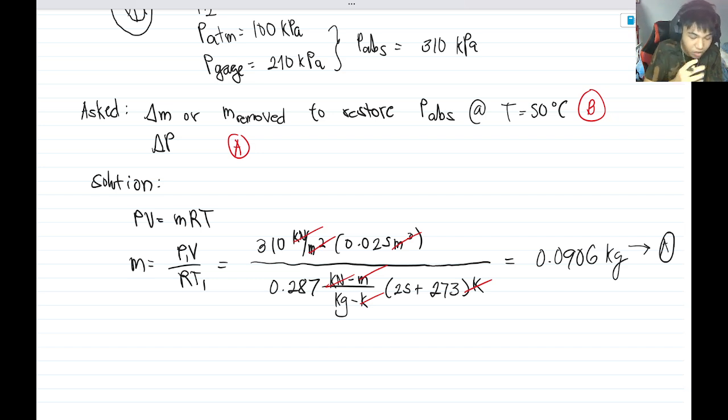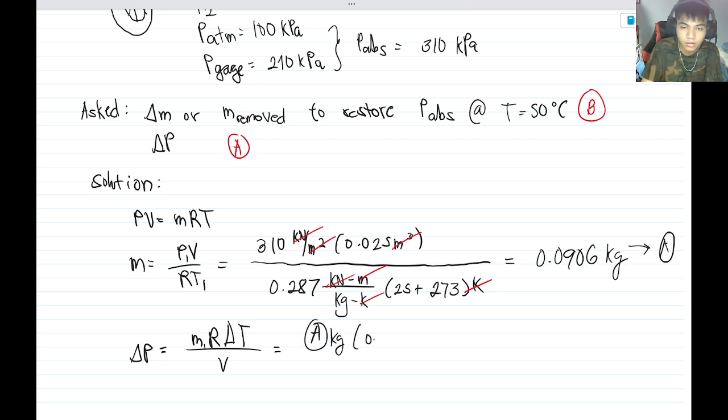Now that we have the mass, we can calculate the change in pressure. Since here, we're not altering anything yet. So the change in pressure would be mR delta T over V. Again, just modifying the ideal gas formula. This is M1, stored at A. Then R of air.